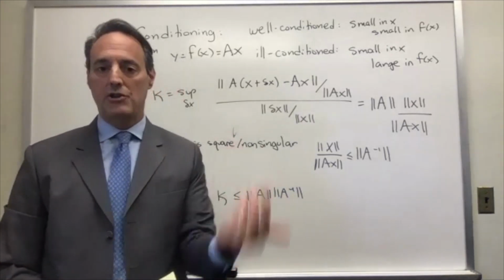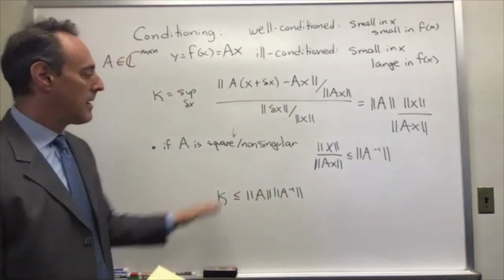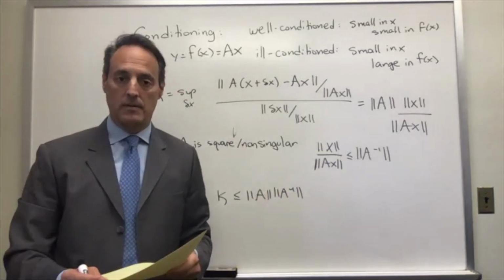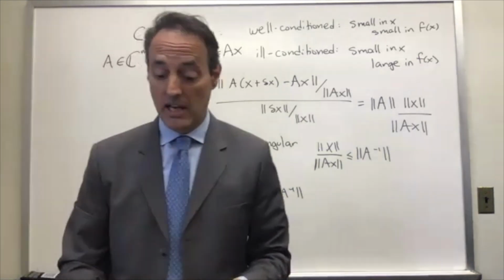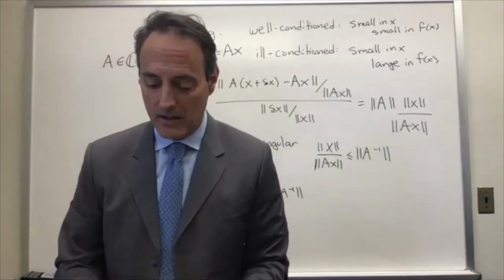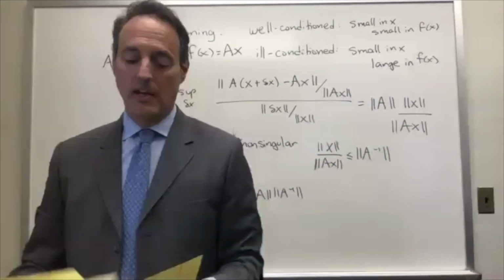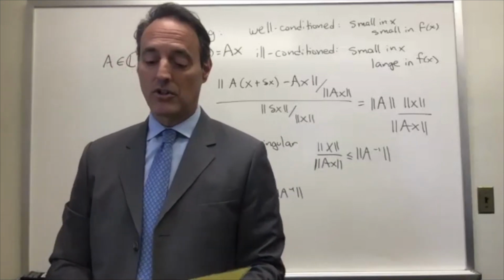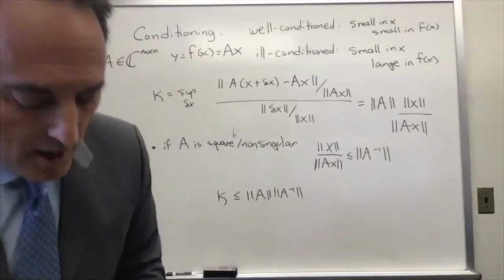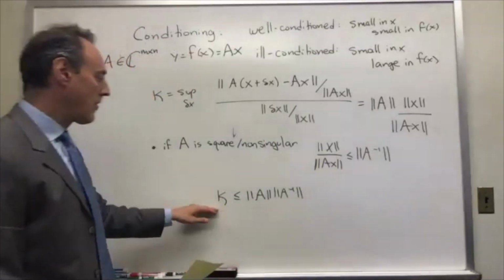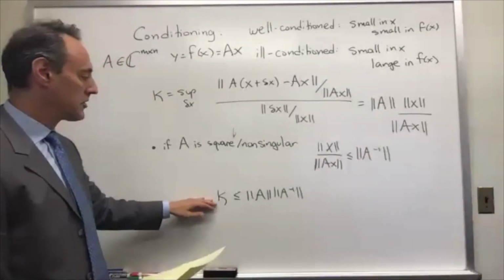It's starting to set you up to start thinking about computing inverses. And one way to compute an inverse, by the way, is with the SVD. In fact, that is typically the way to compute an inverse. So we're going to connect this, and I want to talk about how we would go about computing this condition number.